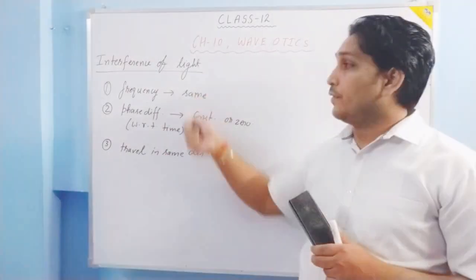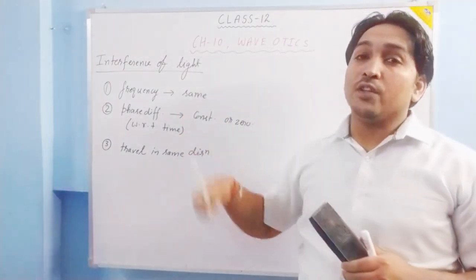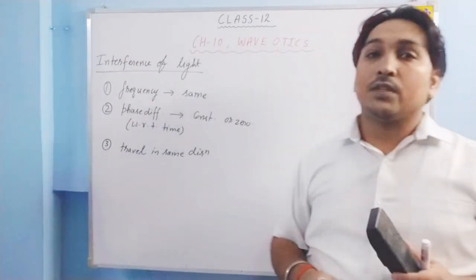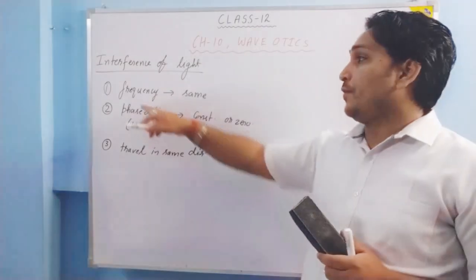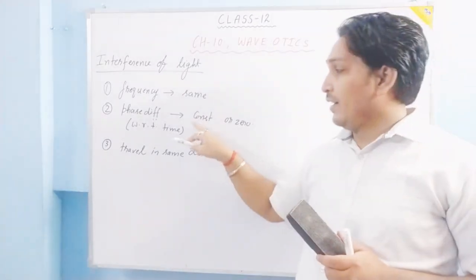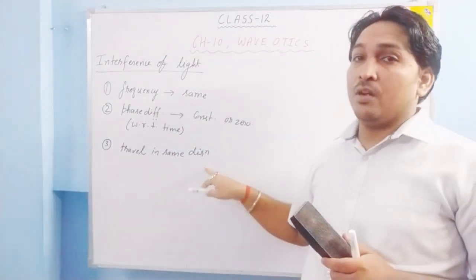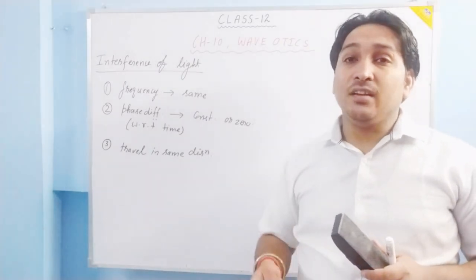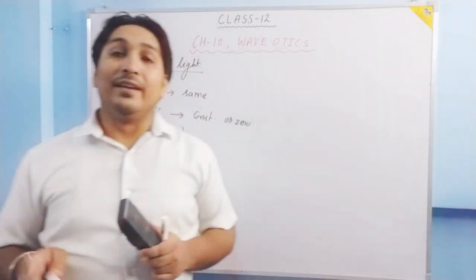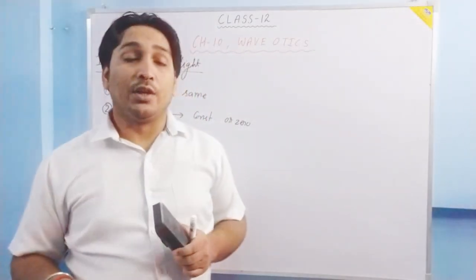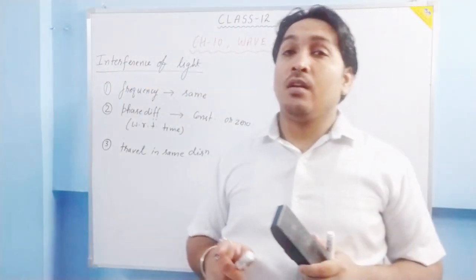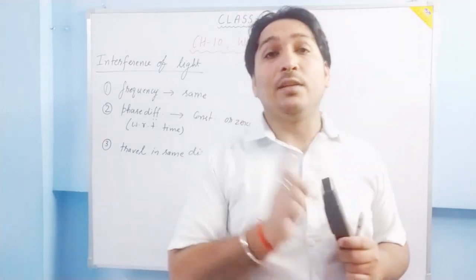If two light waves of same frequency having phase difference 0 or constant, traveling in same direction, superpose each other, then the intensity of light gets redistributed and becomes maximum at some points and minimum at others.